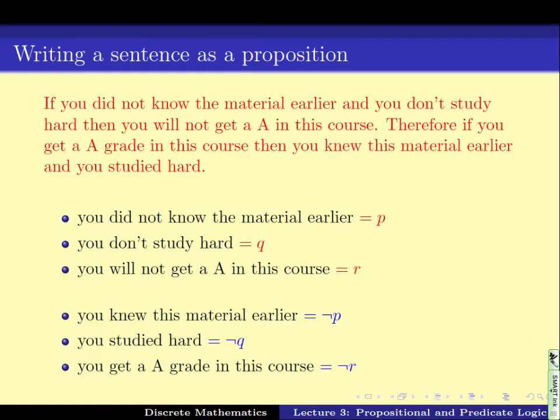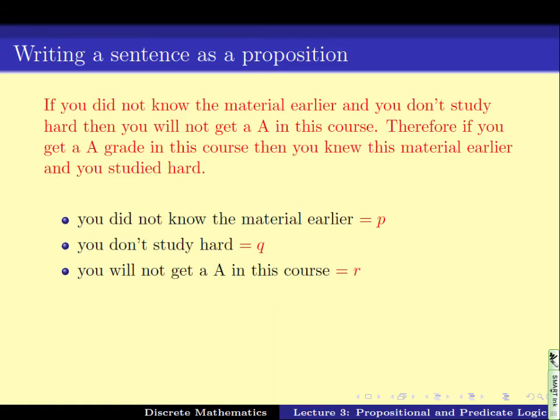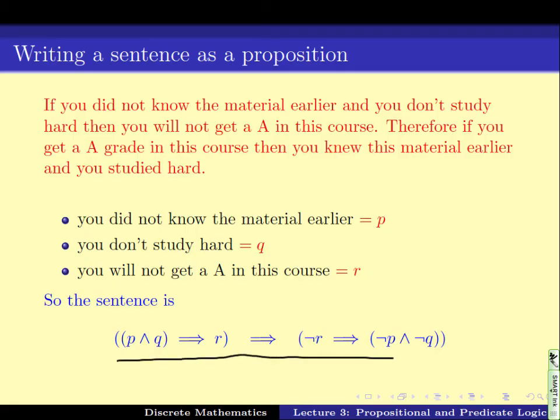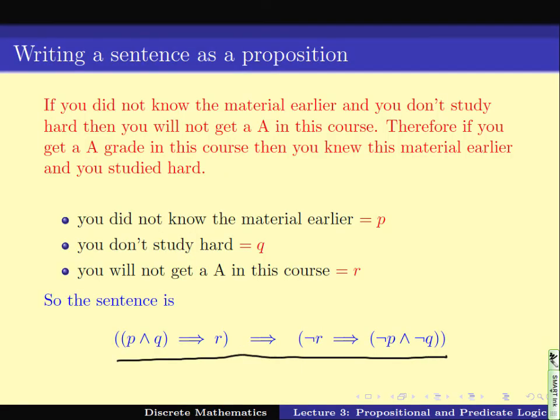Now, using this set of variables, how can we represent this statement? Let's see. You can check for yourself that we can write it in this following fashion. And the reason we can write it in the following fashion is that we can read this sentence from left to right and you will see that this para coming up completely.